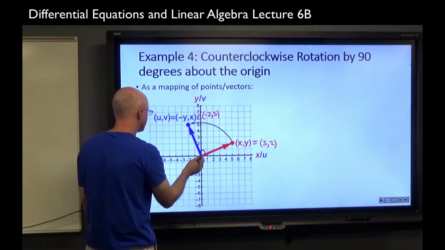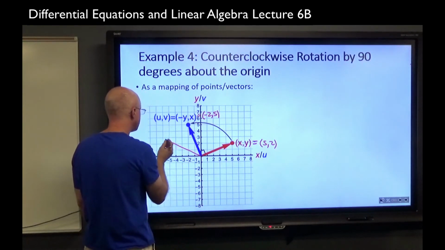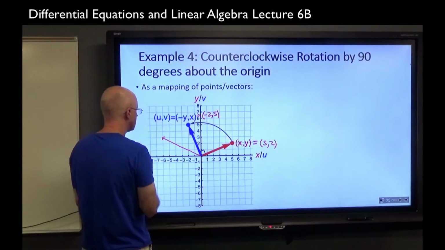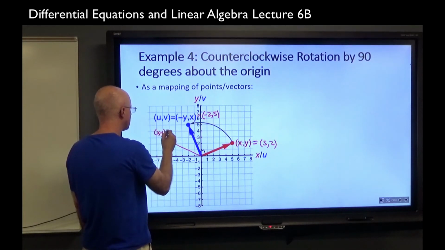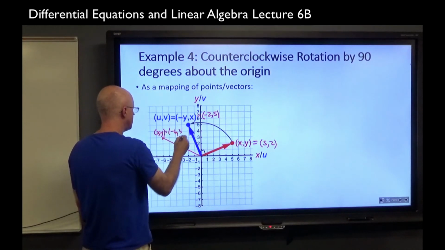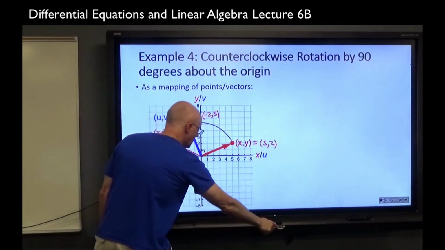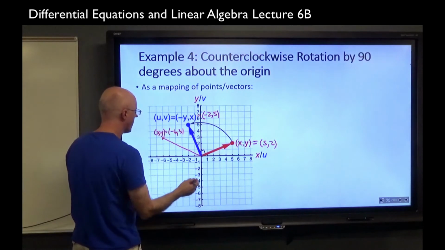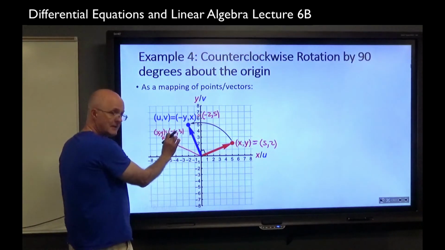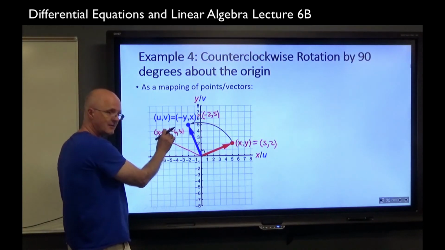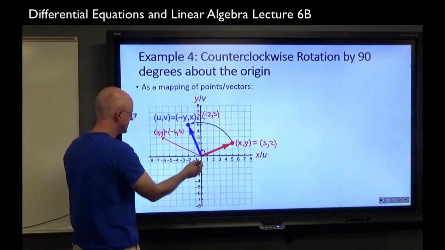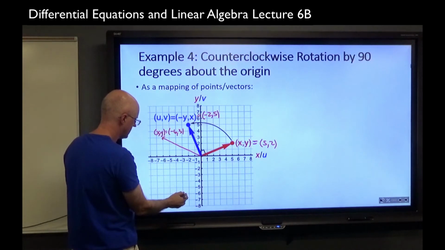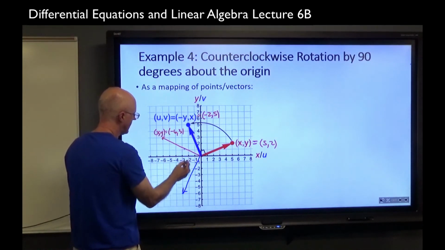My input vector looks like this, say, components (-6, 3). It's going to get mapped to a point or an arrow where you swap these and you put a negative sign in front of the new first coordinate. It'd be (-3, -6), right about here. That's the rotation in that case.